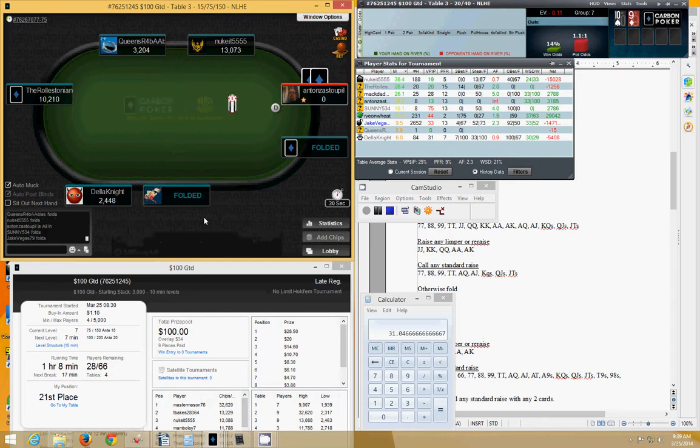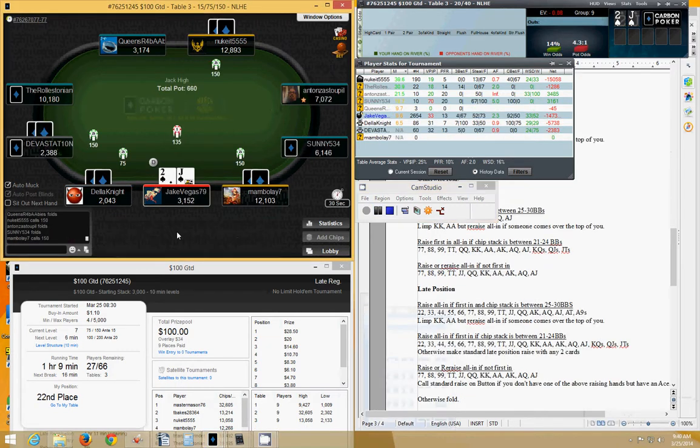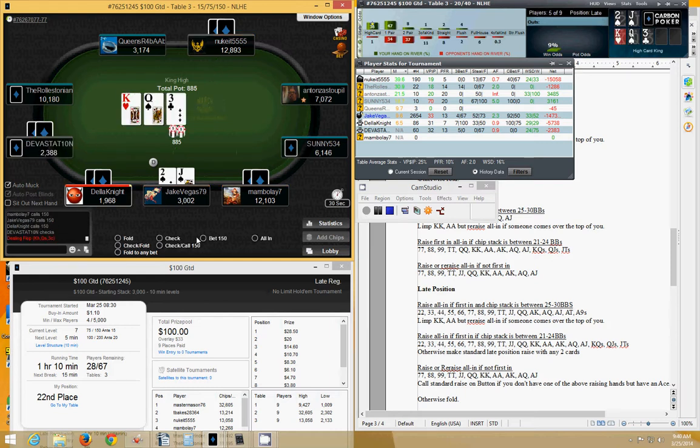A lot of people going all in here. Jack 2 suited on the button. Knowing this table, somebody will probably go all in and we'll have to fold. Oh no, okay.